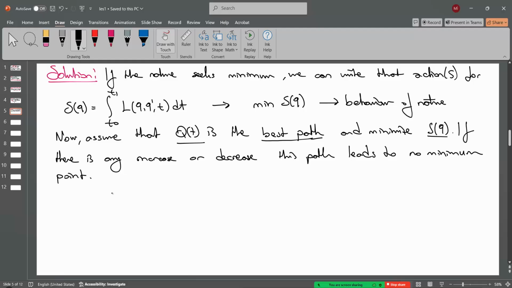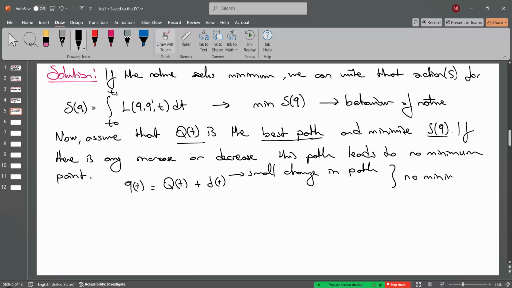And so, in order to prove it, we need to write q(t) equals big Q(t) plus some small change in the pathway. This is the small change in the path, and so this is not a minimum. No minimum is given here.